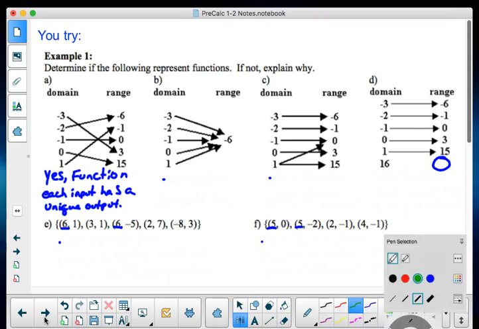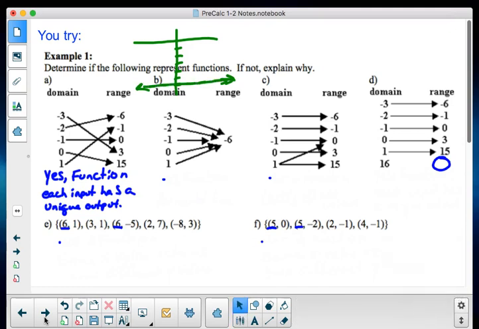Yeah, it's just going to be a line. It's going to be down here, 1, 2, 3, 4, 5, 6, and it's going to be a line going across like this. So that's my line coming through, and that's going to be a function. It's a horizontal line, but it's going to pass my vertical line test for sure.